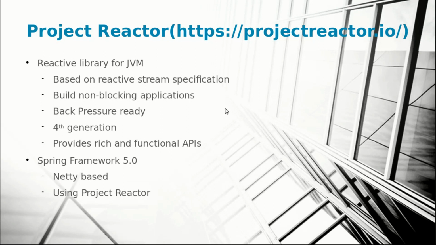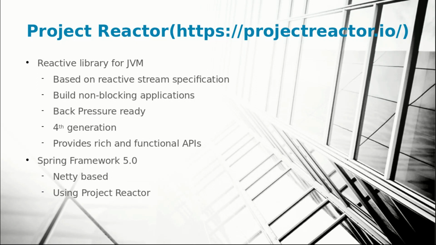Now, Project Reactor is a reactive library for the JVM. Project Reactor is implemented by Pivotal, and it is based on the reactive streams specification. As I said earlier, there's a specification at the reactivestreams.org endpoint. That specification is implemented by Pivotal, and Project Reactor is the name they have given.